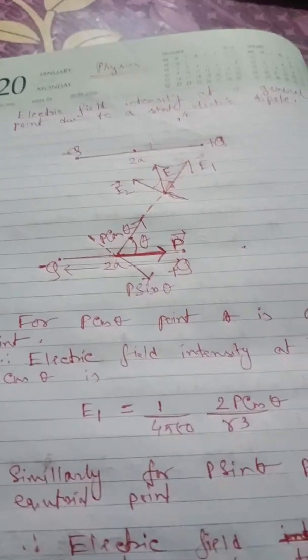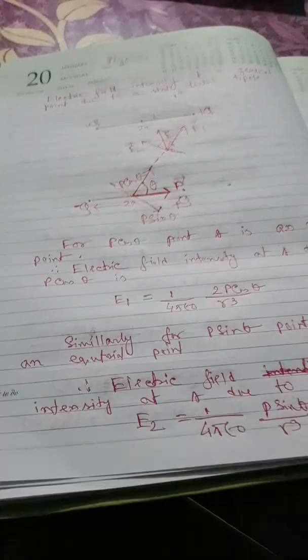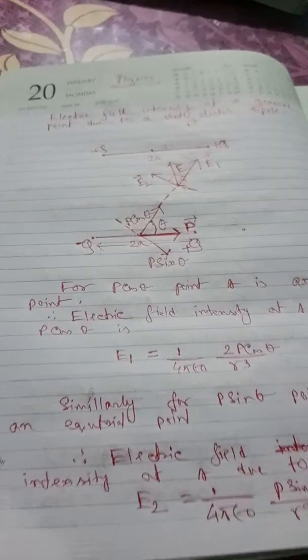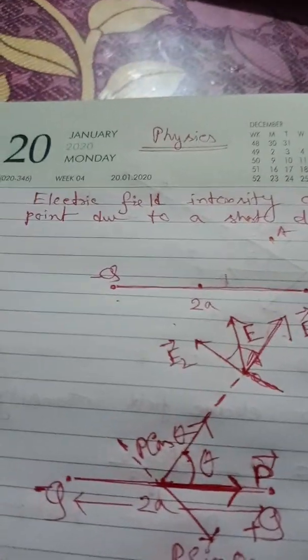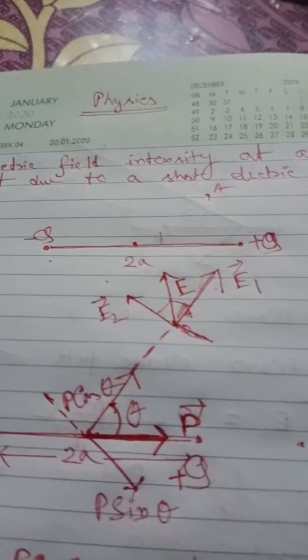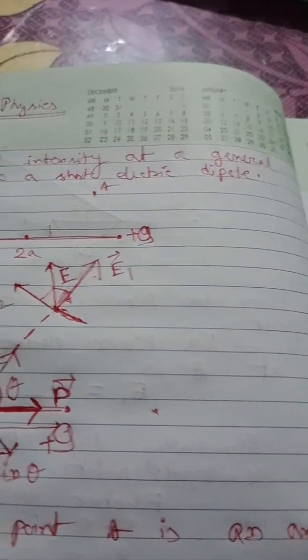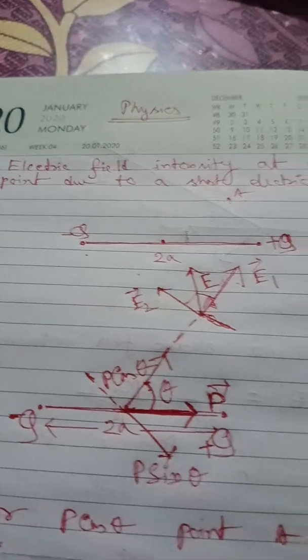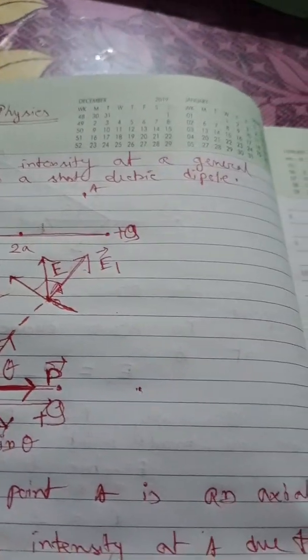So this is the expression of electric field intensity at a general point due to a short electric dipole.